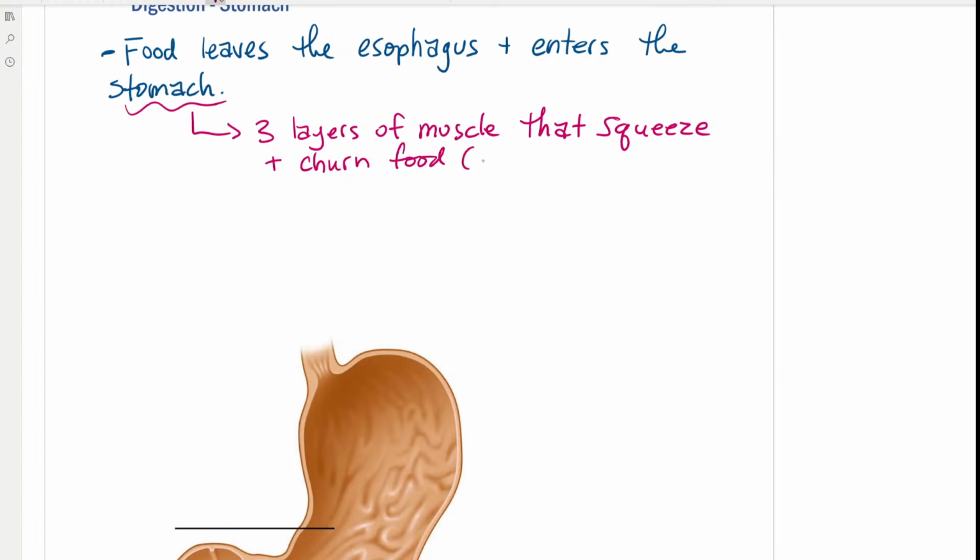And this furthers digestion. We call this mechanical digestion, in fact, because it is physically, mechanically breaking the food down.